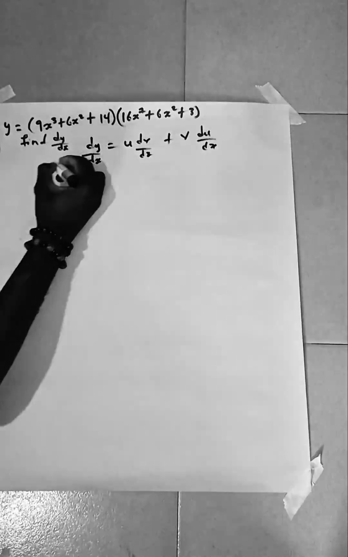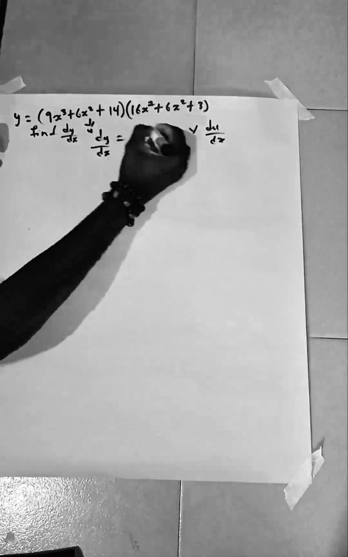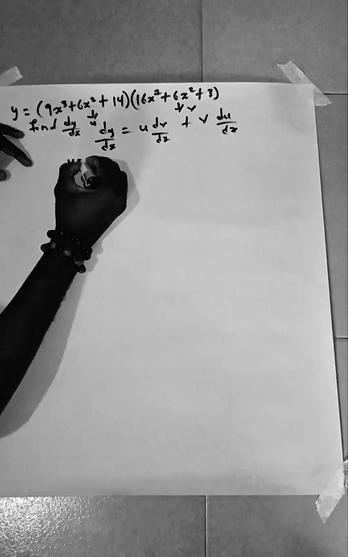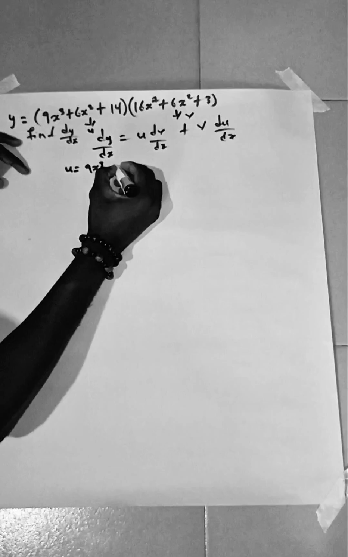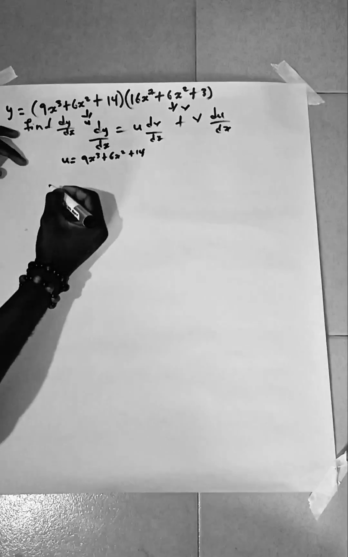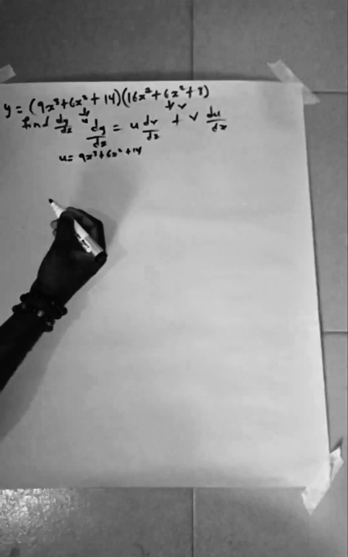So what do we do? Let's take this function to be our u and take this function to be our v. So if our u is equal to 9x cubed plus 6x squared plus 14, what do we do to get du by dx? We just differentiate it. Very simple.